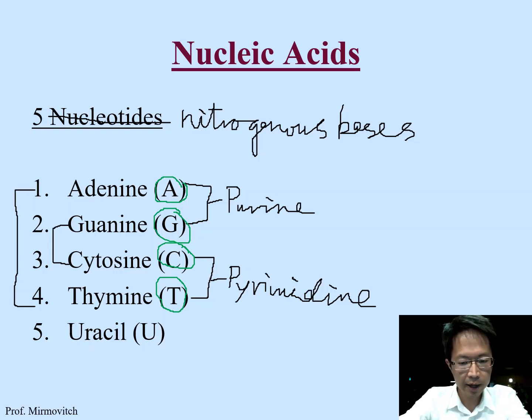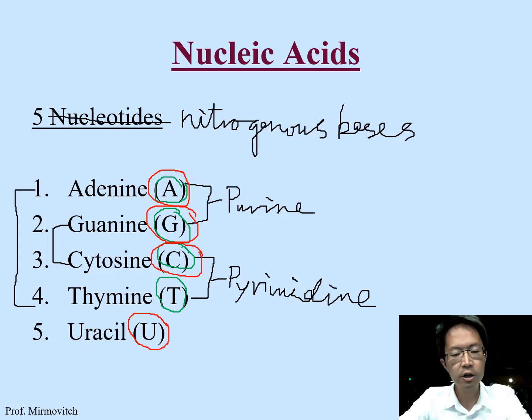For RNA, it uses A, G, C, not T, but RNA uses uracil. RNA uses uracil to replace thymine.